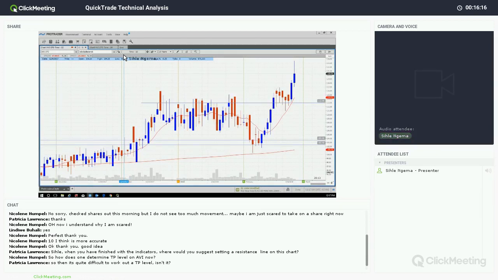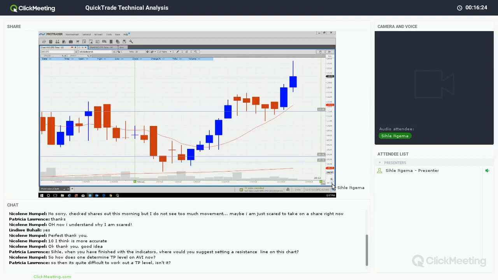But you can always go in and buy and make sure that maybe you're using your 10-day simple moving average. As long as the price is still trading above your 10-day simple moving average, you can just sit on the trade and wait for the market to continue moving higher. If it fails to move higher, it will break below your moving average, and you can use that maybe even as your stop loss.